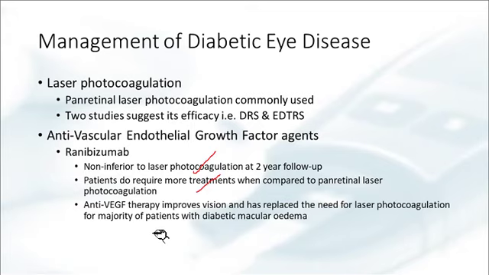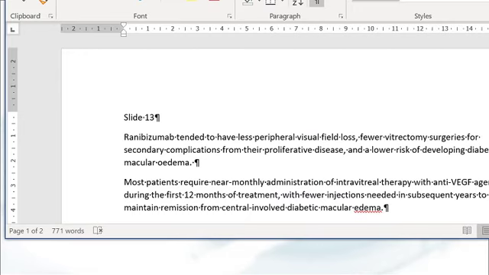And of course, anti-VEGF therapy improves vision and has replaced laser photocoagulation for the majority of patients with diabetic macular edema. It's worth noting that ranibizumab tended to have less peripheral vision loss, fewer vitrectomy surgeries for secondary complications from proliferative disease, and a lower risk of developing diabetic macular edema.